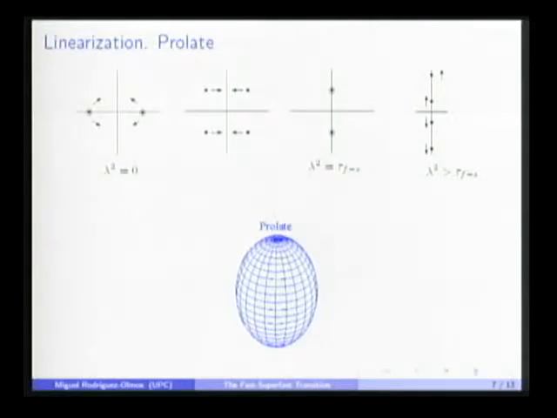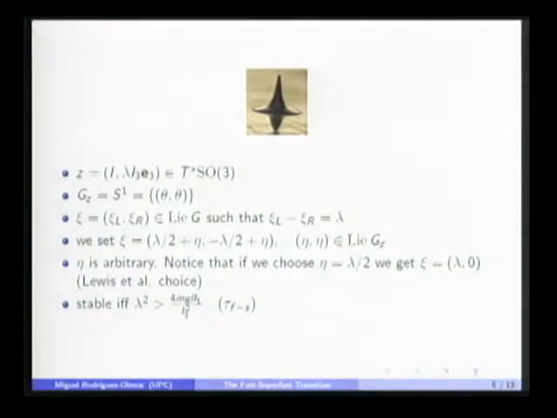In this case, what you observe doing the linearization of this sleeping Lagrange top, as you vary the angular velocity lambda, is the following. First of all, if you start at 0 or lambda is small enough, then the system is unstable because you are not satisfying this fast top condition.